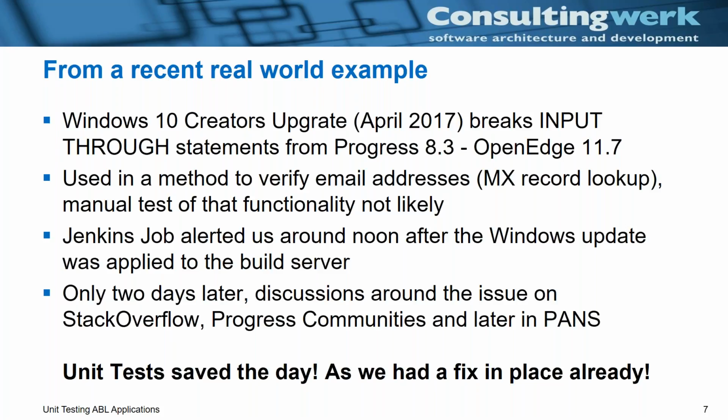At that moment, I didn't care whether it was a Progress bug or a Microsoft bug or a combination of both. It just broke a functionality in our framework where we used the DNS lookup utility to verify parts of an email address, the domain. You need to run an MX lookup, and that suddenly didn't return the right result anymore.